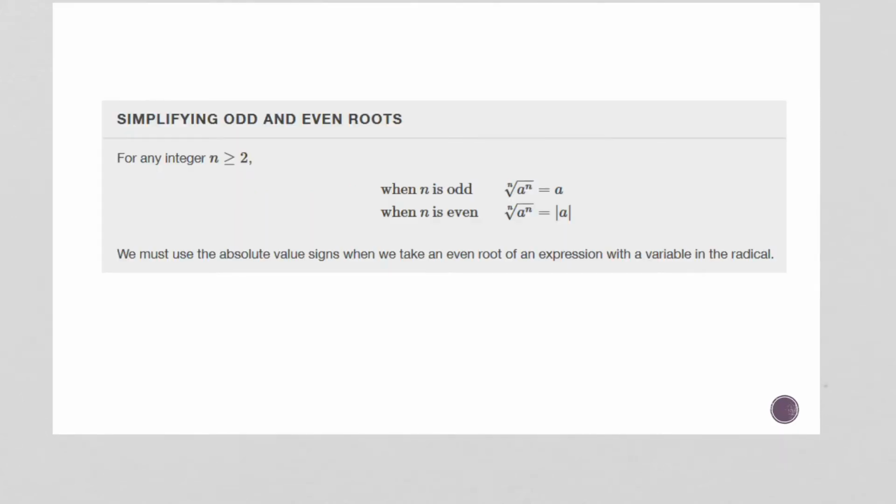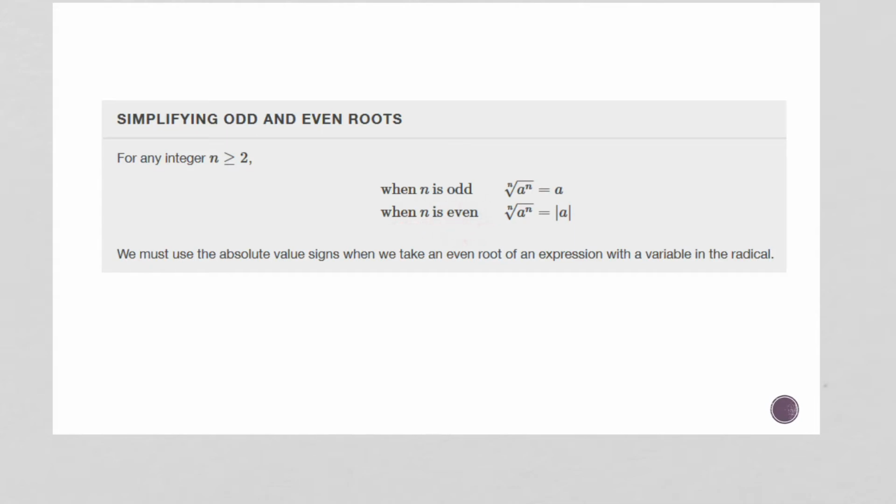All right, so this page is a good page for you to write down and have in your notes, especially whenever you're taking a test or anything like that. What this is saying is that when your index is odd, then you're just looking for the root of that term that's under the radical, okay? So if you have a to the n and see how those n's match, then that means that they cancel each other. You're left with just a.